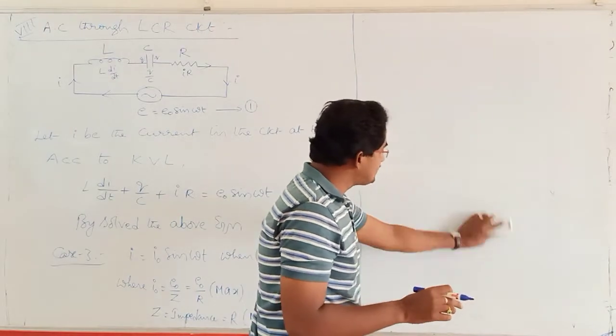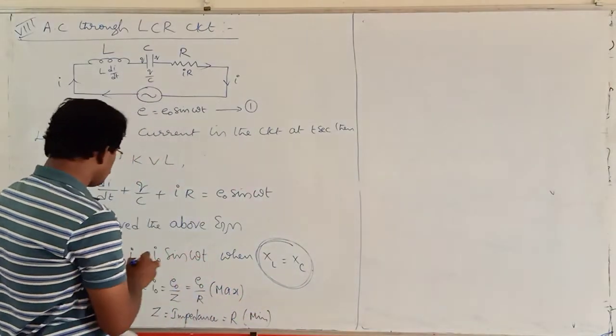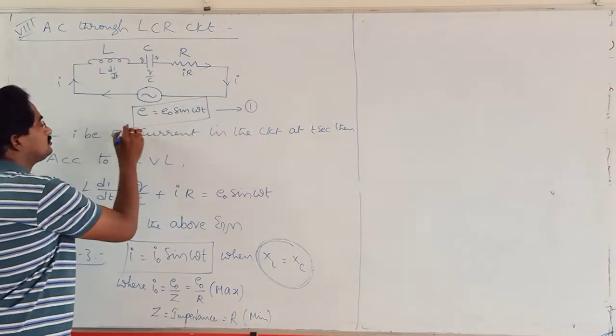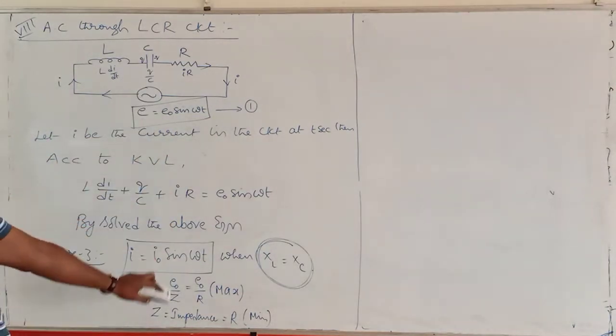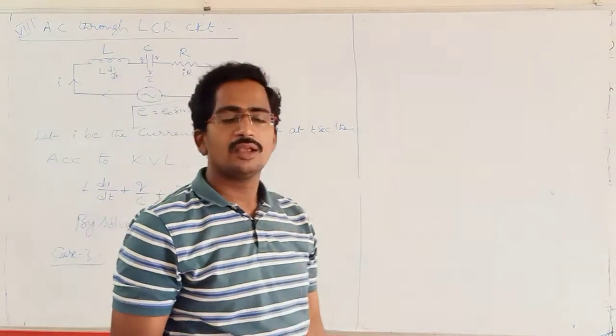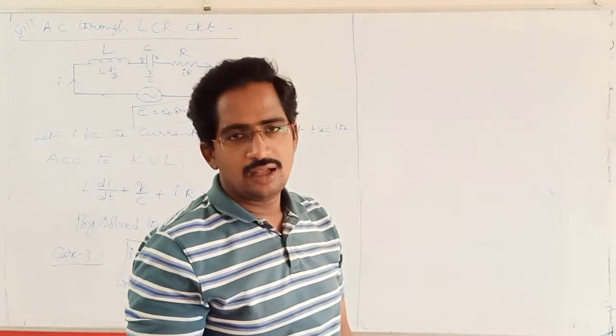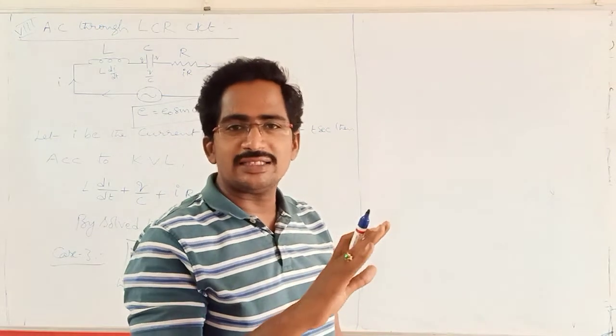And in this case, from this equation and this equation, what conclusion can we write down here? Current and EMF are in phase. They do not have any phase difference.